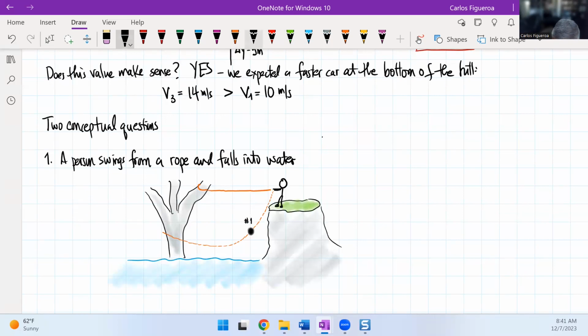Then there's a second spot right here, which I'll call spot 2. At spot 1, the person releases the rope and continues along that direction; this is path A. At spot 2, they release and continue to go up and then fall in; this is path B.